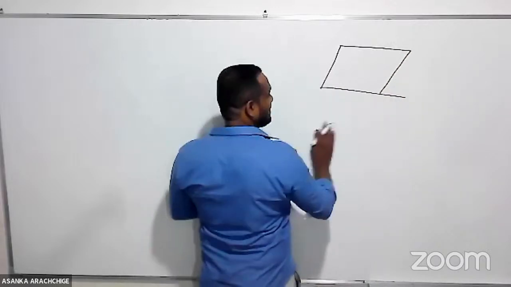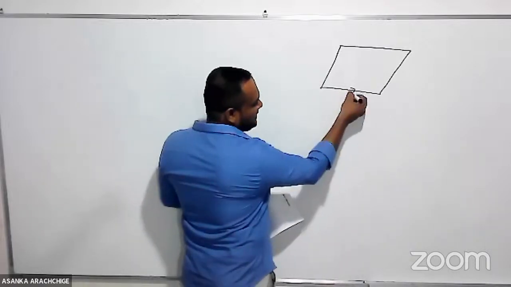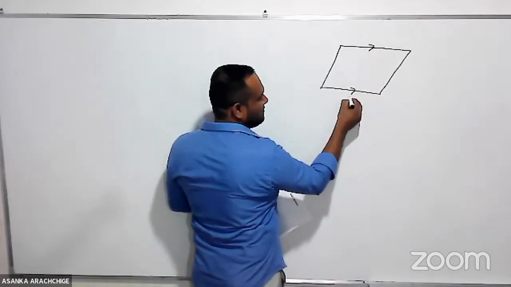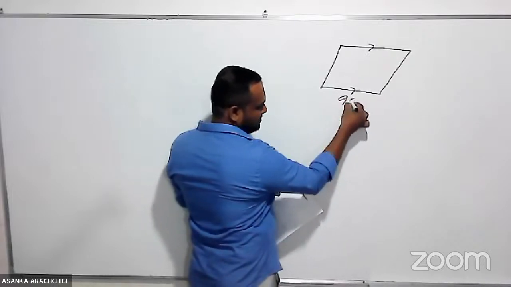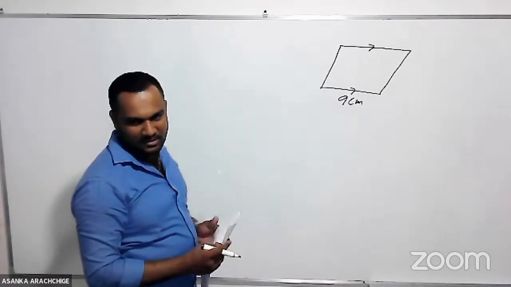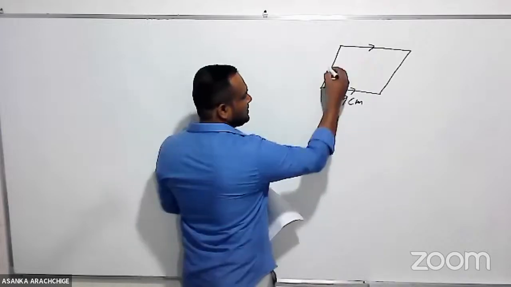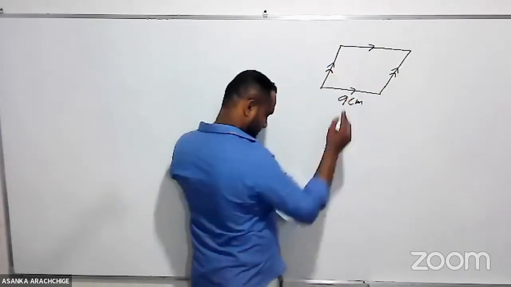Does it look like a parallelogram? These two sides are parallel. We are given the length of this side to be 9 centimeters. And this side is also parallel to this side.